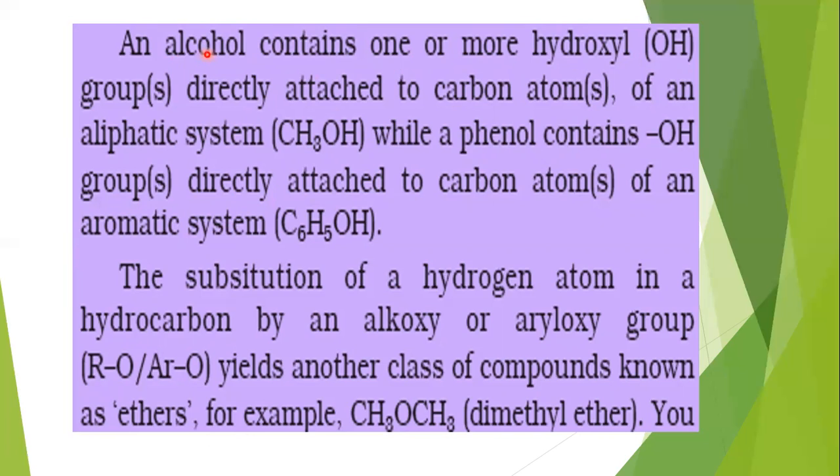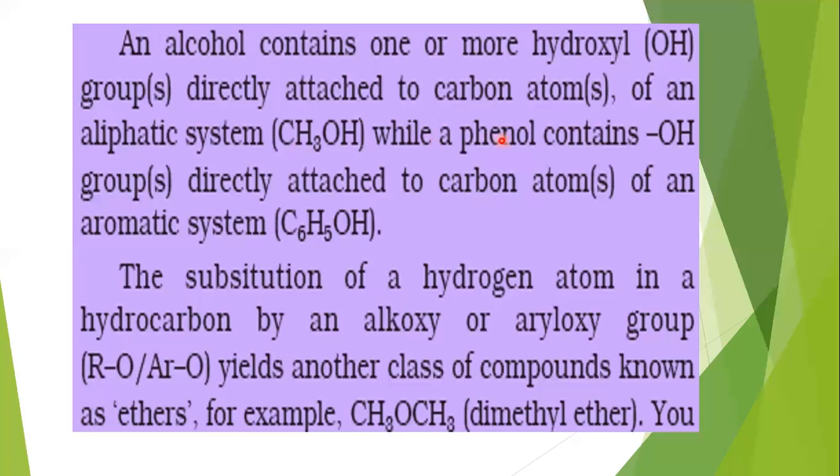So get clear here. What is alcohol? Alcohol contains one or more hydroxyl groups, replacing one or more hydrogens from different carbon atoms of an aliphatic system. Aliphatic system means alkanes, alkenes, alkynes. Here one example is given, CH3OH.